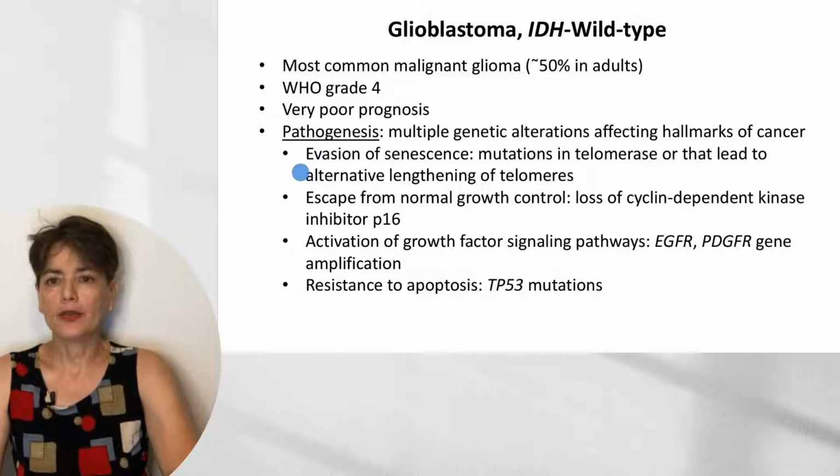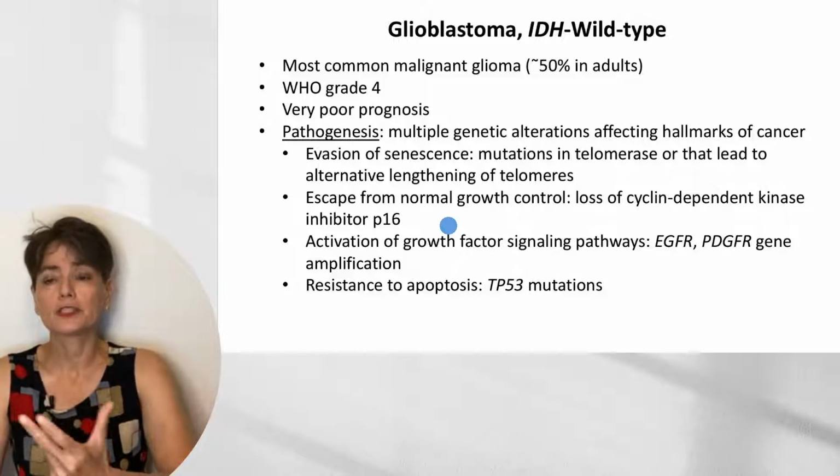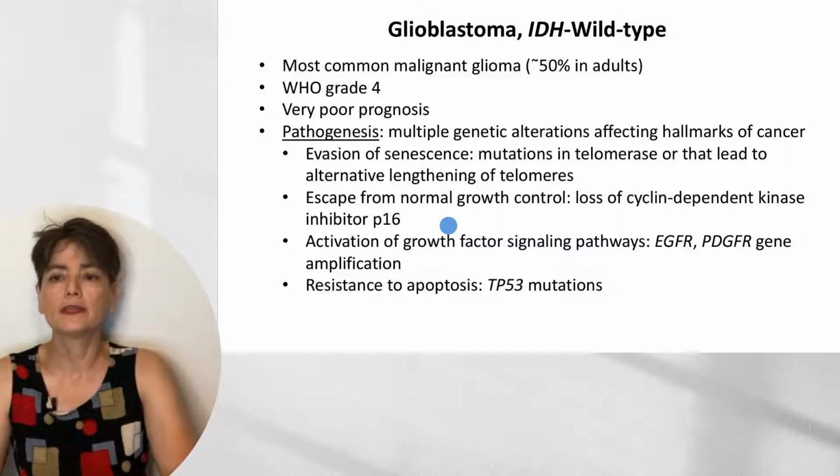For example, to evade senescence, we can get mutations in telomerase or mutations that lead to alternative lengthening of telomeres. To escape normal growth control, we can lose our cyclin-dependent kinase inhibitor P16. Remember that our cyclin-dependent kinase inhibitors are going to inhibit our cyclins and cyclin-dependent kinases and slow progression through the cell cycle.